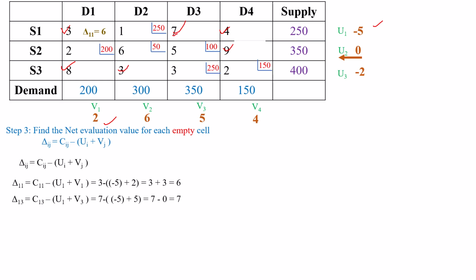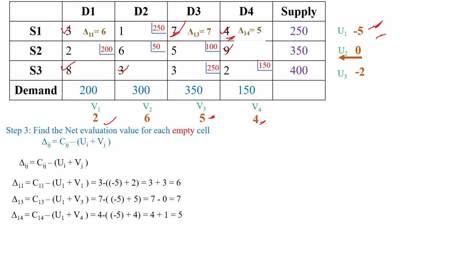C13 value is 7, U1 is minus 5, V3 is 5. Substituting, we get delta 13 equal to 7. Next is delta 14, C14 minus of U1 plus V4. C14 value is 4, so 4 minus of minus 5 plus 4, delta 14 equal to 5.